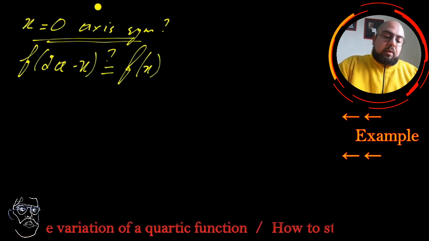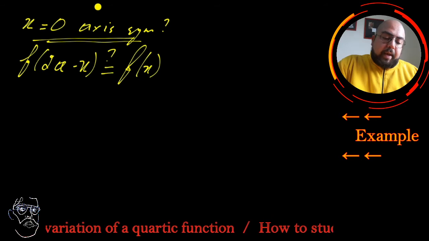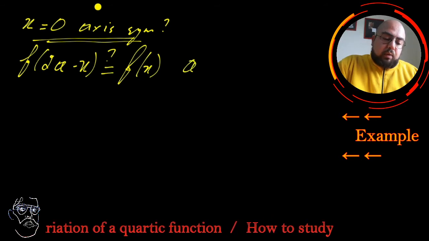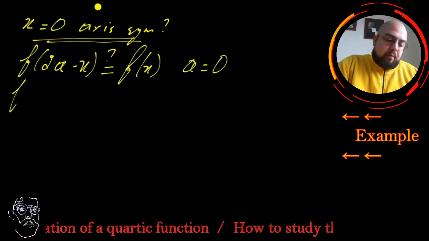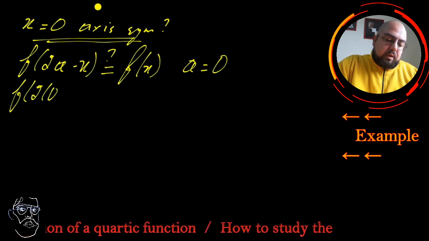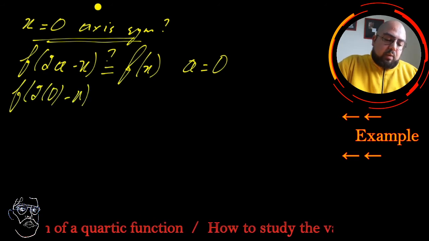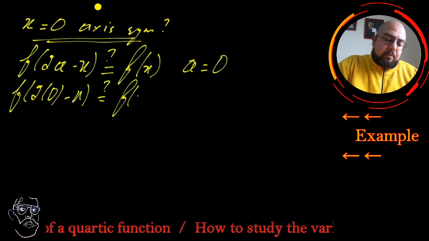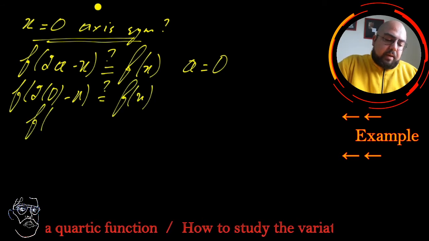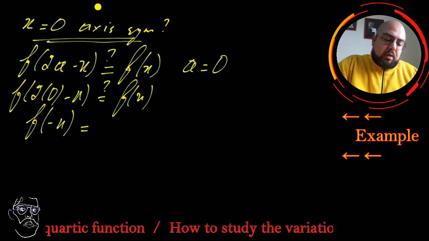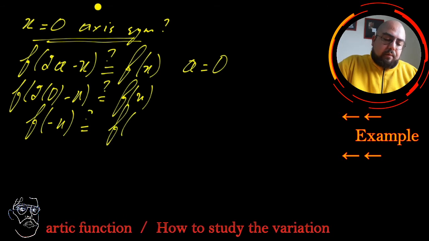Okay, now in this case, x is equal to 0 will be a, which is equal to 0, so f of 2 times 0 minus x, will it be equal to f of x? F of minus x, is it equal to f of x?